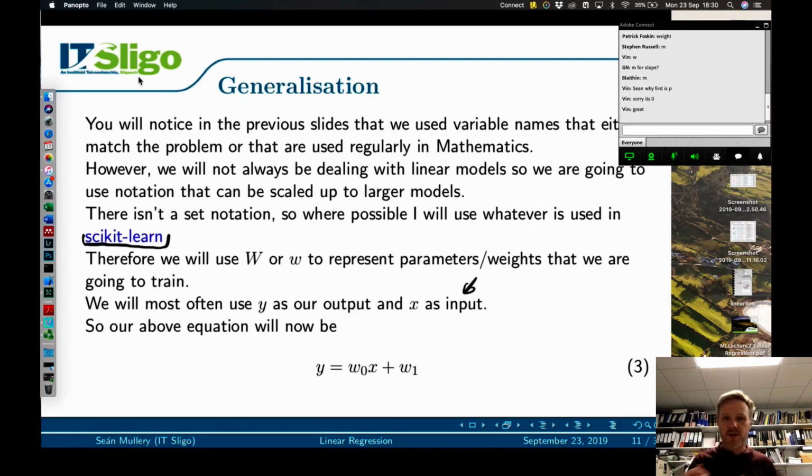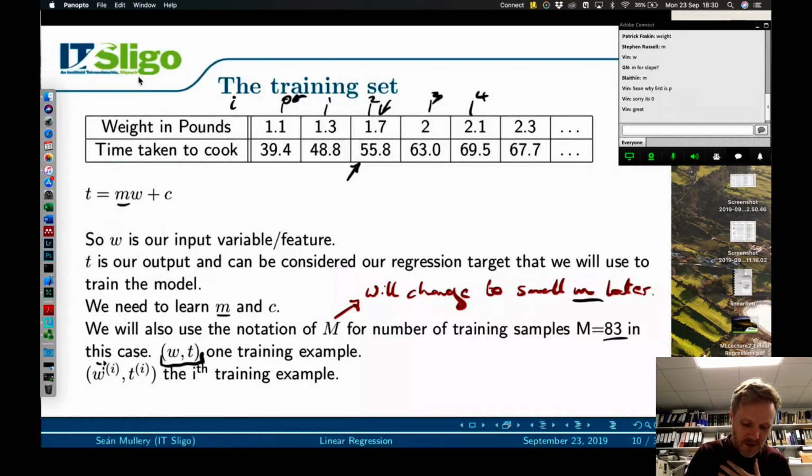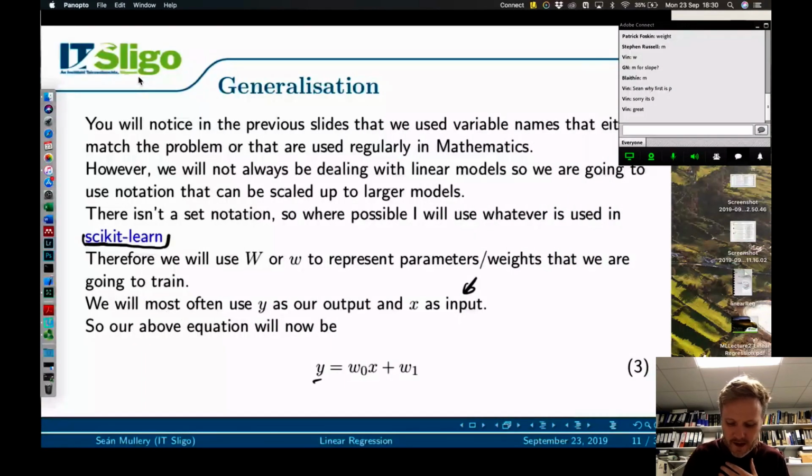So our above equation will now be something like y equals w0 x plus w1. You can see I've indexed here, w0 and w1. Now you'll notice that I've put the index down the bottom this time rather than up the top, and that's what I was referring to back here when I said that those are indexing each of our samples, whereas what's happening here is that we're indexing something that's part of a vector.